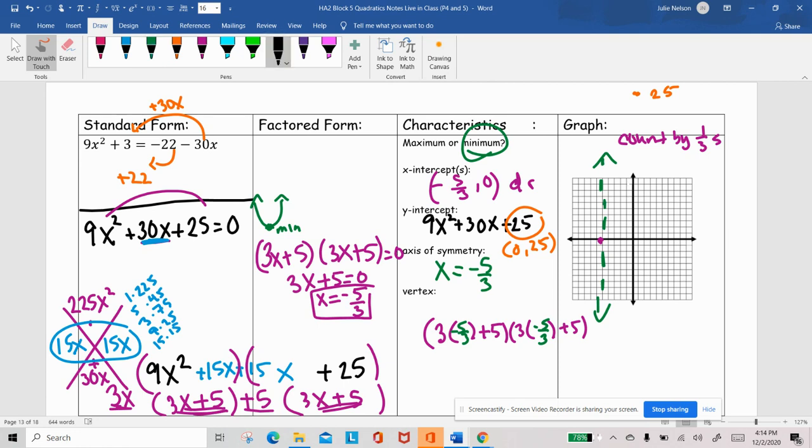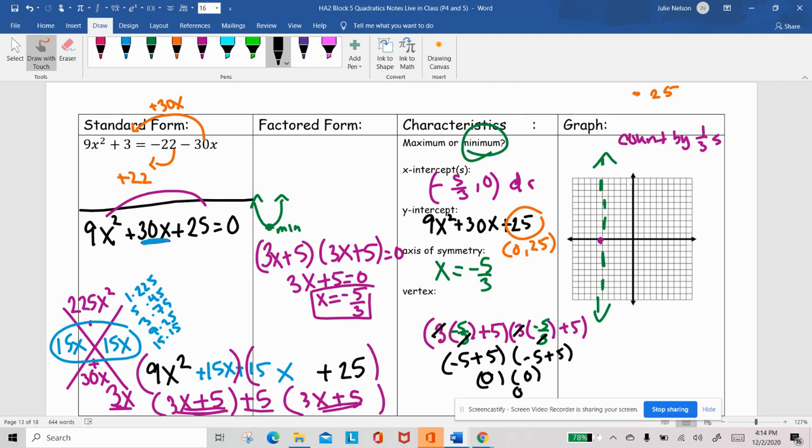So right here, 3 times -5/3, the 3 multiplying and the 3 dividing would cancel out to 1, so it'll be -5 plus 5, which is 0. And the 3 times -5/3, again, the 3 multiplying and 3 dividing would cancel out to make 1. So you're left at -5 plus 5, which would make 0. And 0 times 0 is 0.